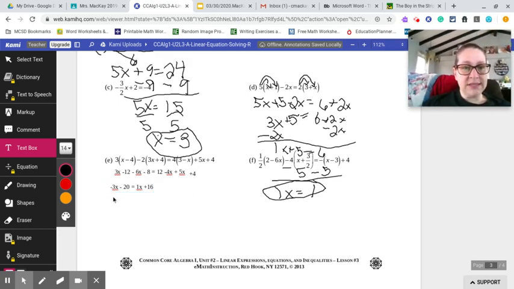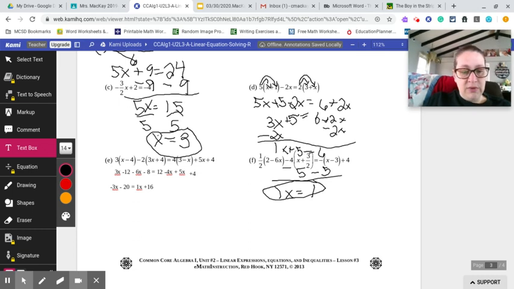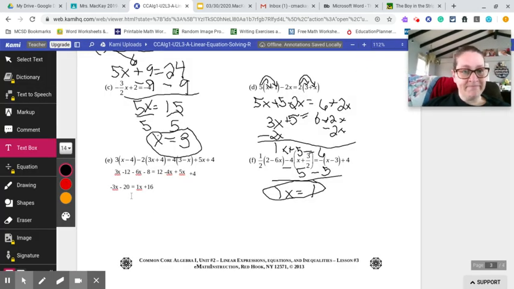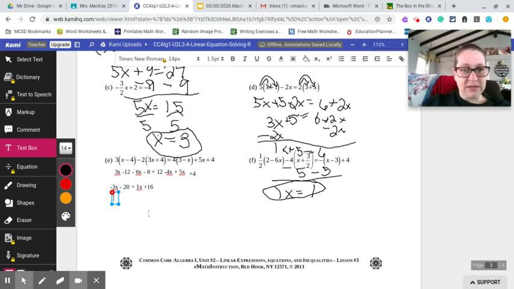Now I'm going to move my smallest x. In this case, it's negative 3x. So I'm going to add 3x to both sides. Sorry about that.